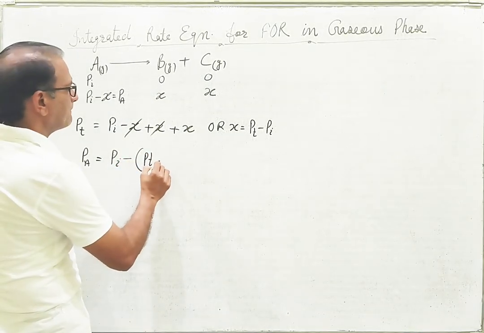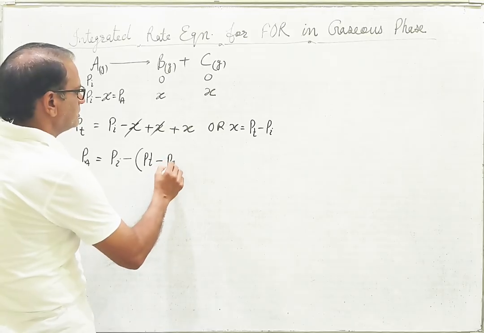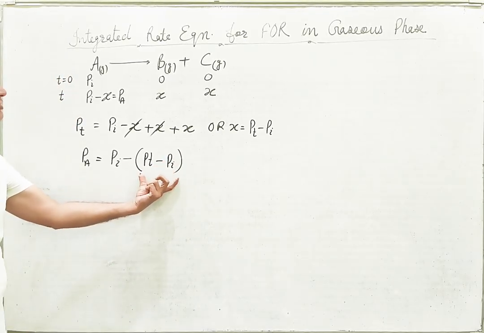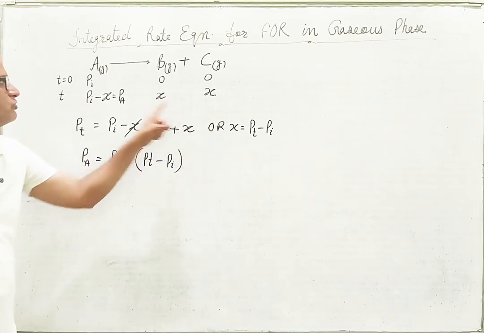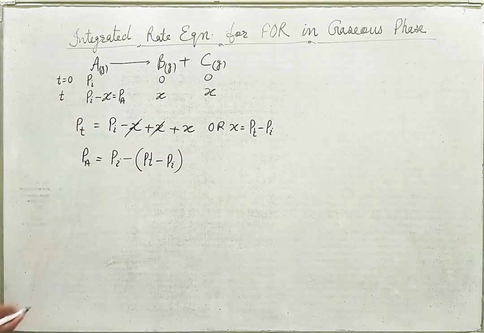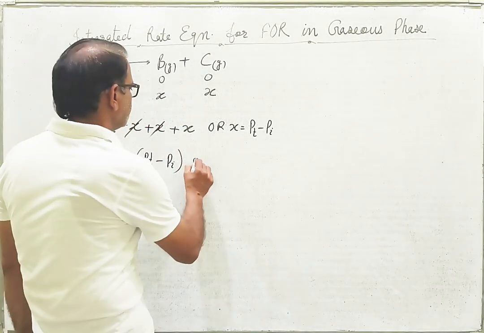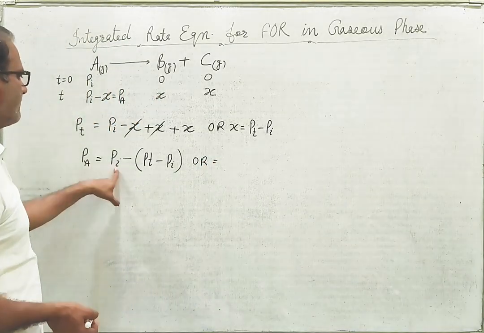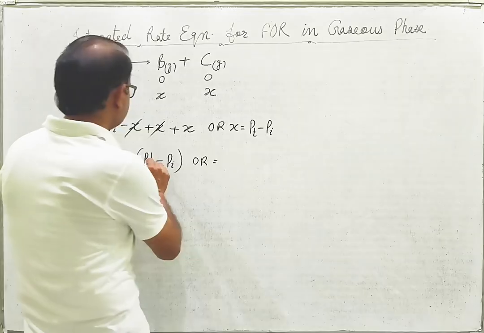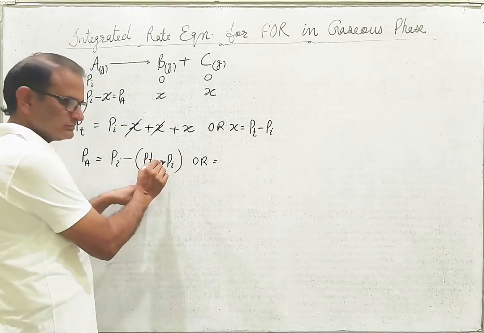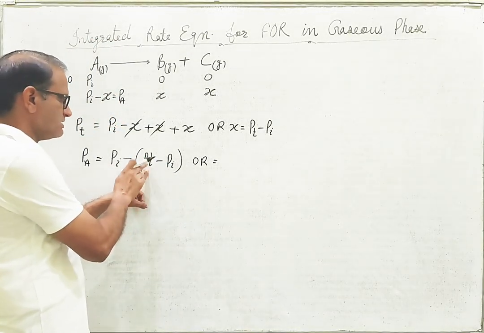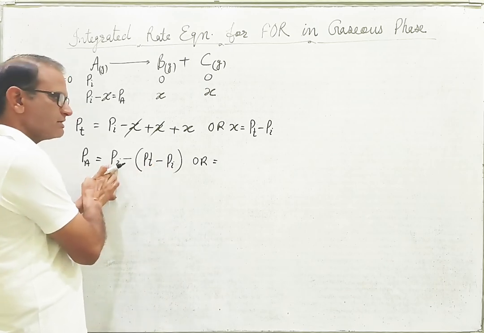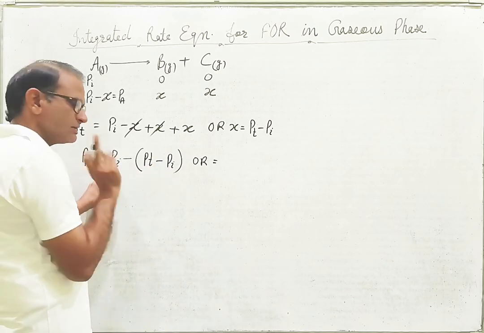Pi minus, bracket, Pt minus Pi. This is where we have put the value of X. So Pa will be Pi minus Pt plus Pi, because if we open this bracket, this minus will become plus. So Pi plus Pi will be equal to 2Pi, am I right?